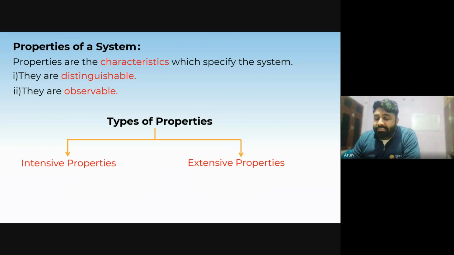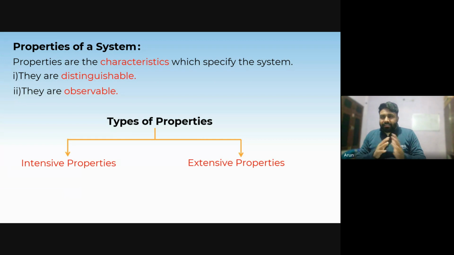Properties are the characteristics which specify the system. Okay. Suppose a student of JNV Ramnagara and a student of JNV Baleri. We take these two. Okay. So these two students have different height, different body weight. Okay. Different situations.